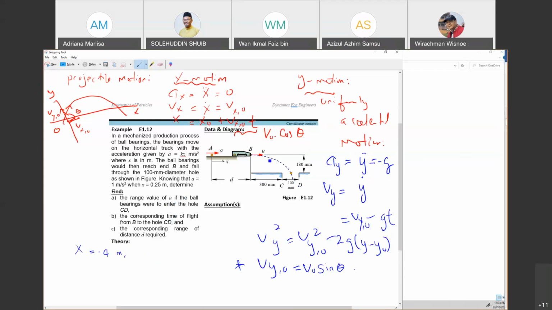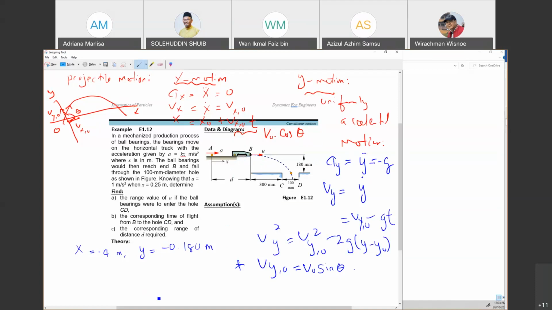We have the datum here going down, positive going down. So we have here Y equal to minus 0.180. We convert millimeter to meter kan?